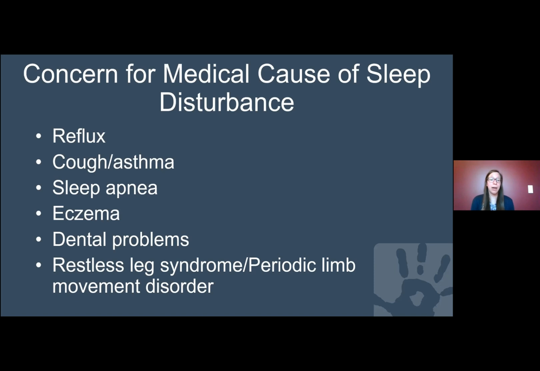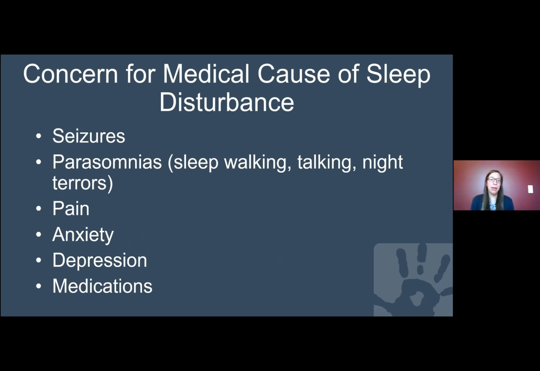Restless leg syndrome or periodic limb movement disorder. So if your child is very restless during sleep, it might be that. And then seizures can disrupt sleep as well. So if your child is having odd movements at night, or again is waking up and throwing up in the middle of the night, those would certainly be things that are concerning for seizures.